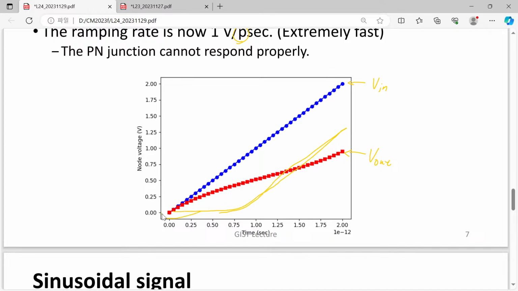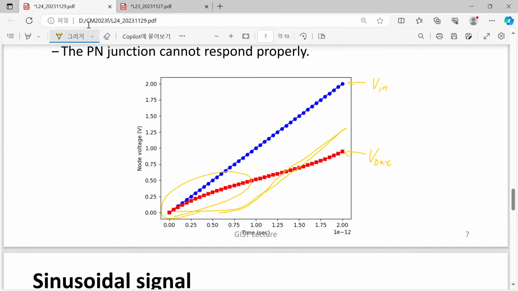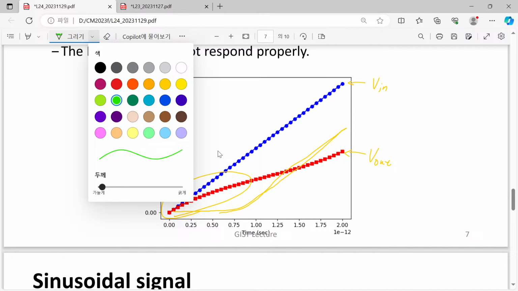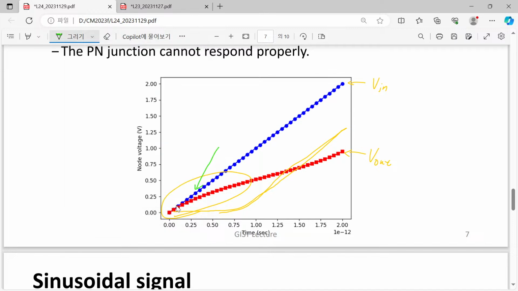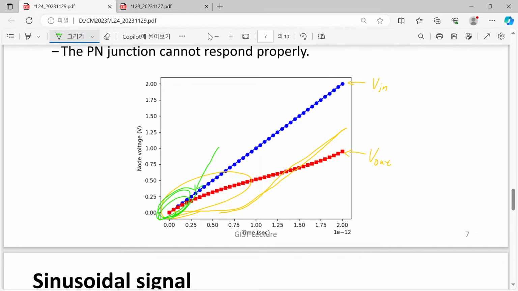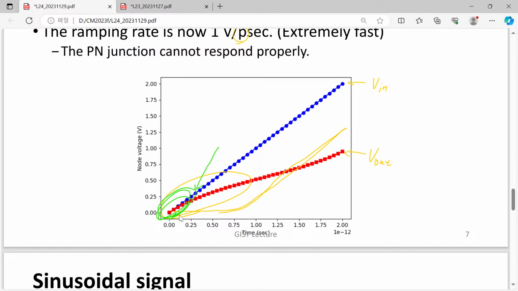However, initially here you can see that your output value just follows your input value. This is really strange, but please note why our resistor voltage does not follow the input voltage in this range.